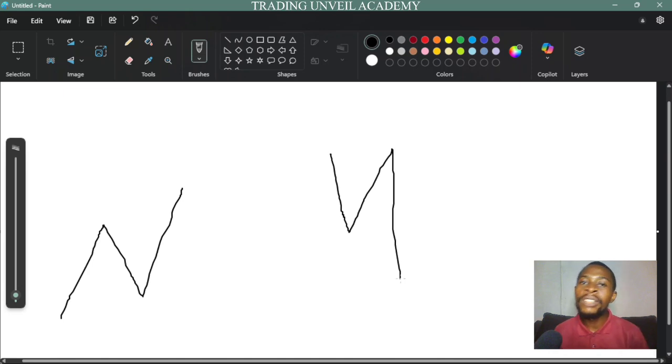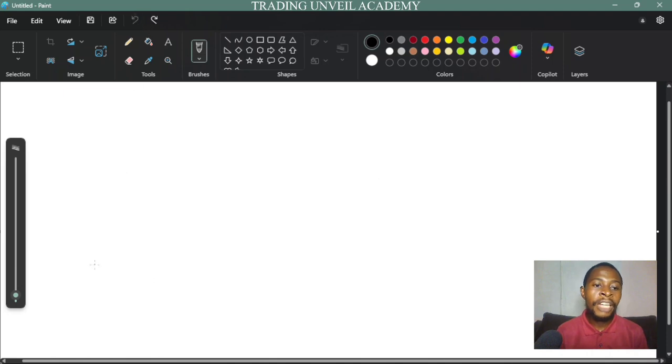But when you go to the real chart, you will see that the market does not move in a straight line like this drawing. Instead, the market moves like this.